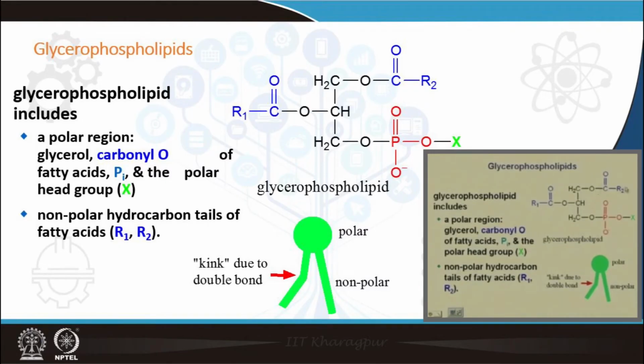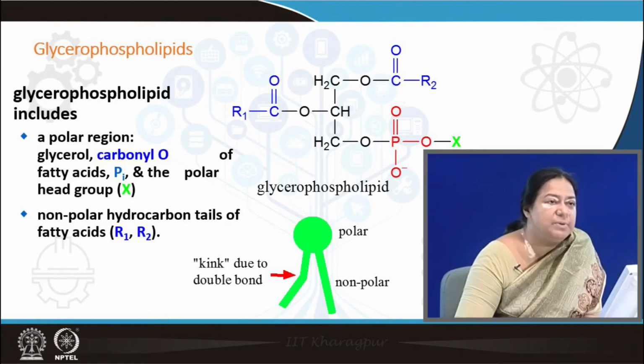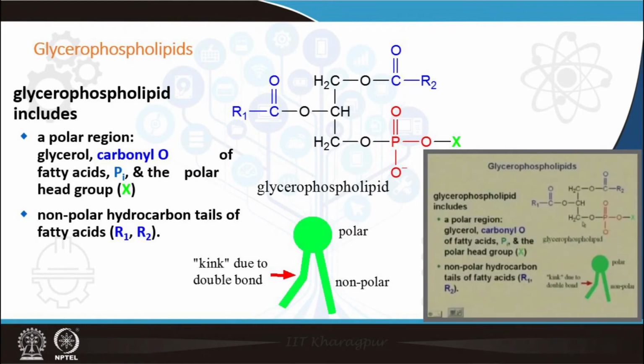We have one fatty acid linked on the first carbon, a second carbon linking another fatty acid. So, obviously, we can change the type of fatty acid that we have. As soon as I change the type of fatty acid, the type of lipid is going to change. Then, I have an esterification on the third carbon atom with phosphate and I have a polar head group here, which we will see how that affects it. So, what do I have? Where is my polar head group? It is here.